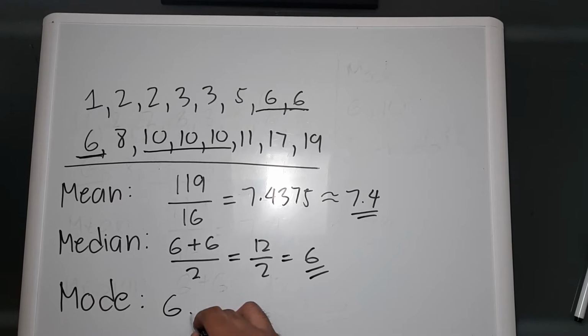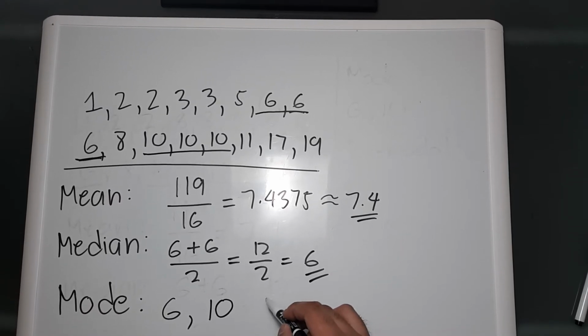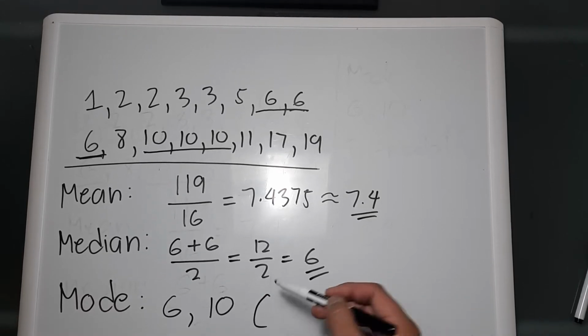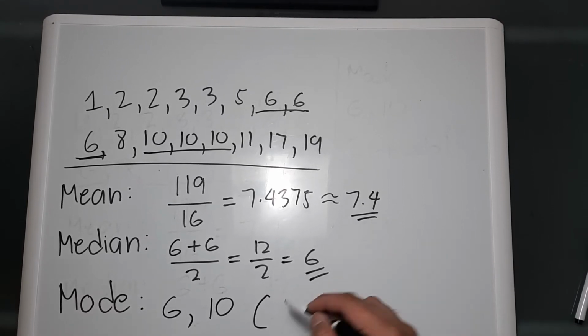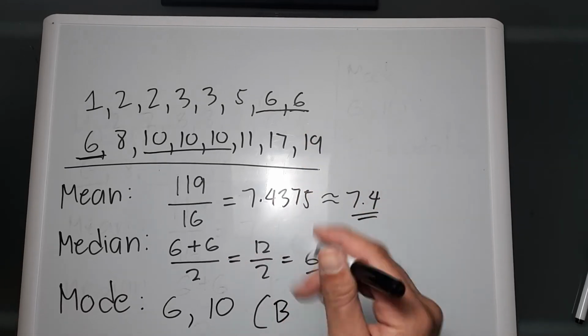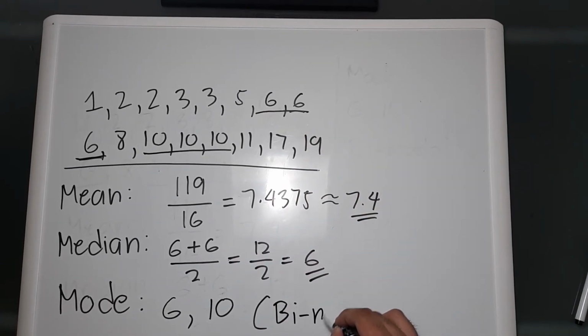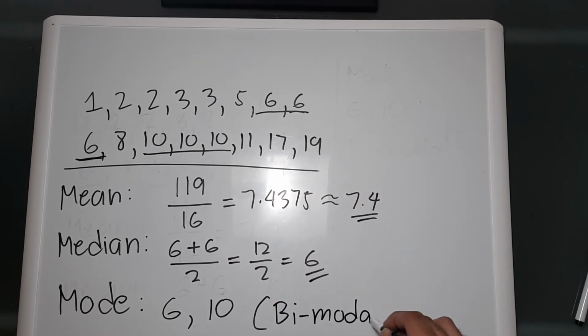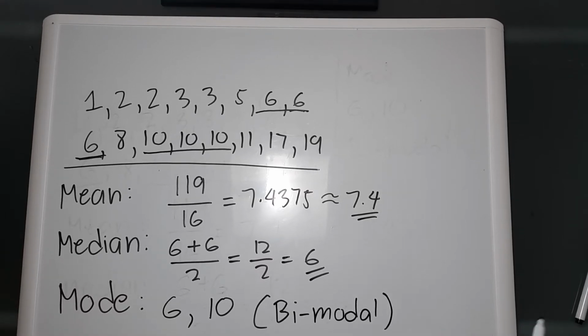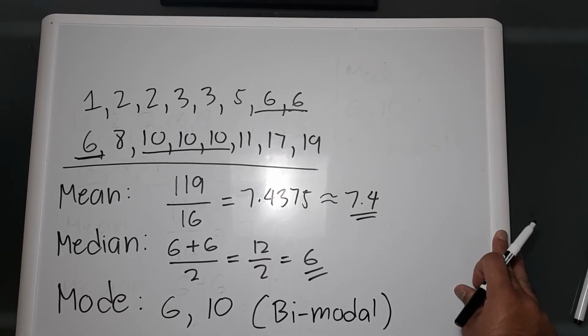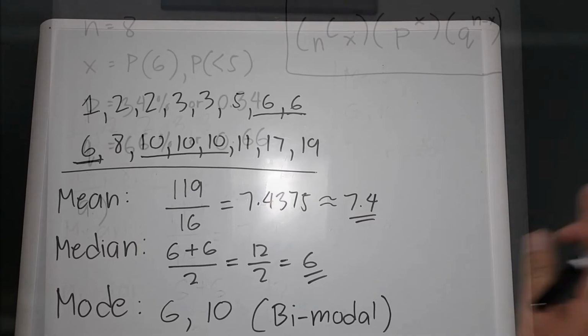Then we're going to write it like this. We call this kind of mode bimodal because there are 2 modes in this data set. And that's how you solve for the mean, median, and mode for this problem.